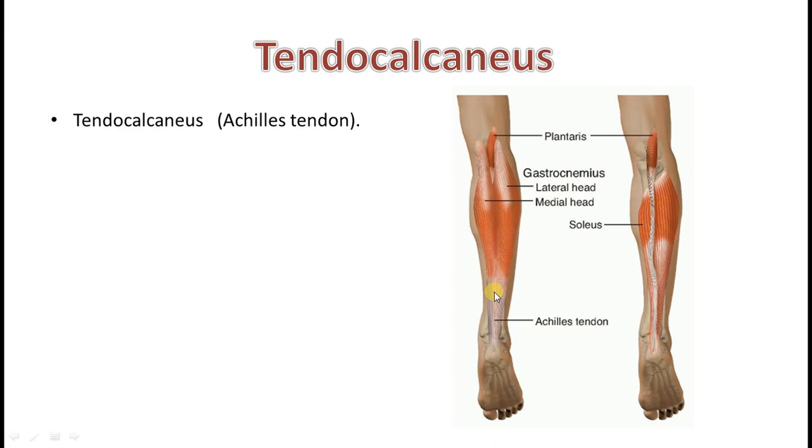His life rested on this tendon because he was immersed in the river by his mother. While immersing him upside down, his mother held him by the region of this tendon near the calf region, so that part alone was not immersed in the water. The remaining whole body was immersed, so he became immortal.